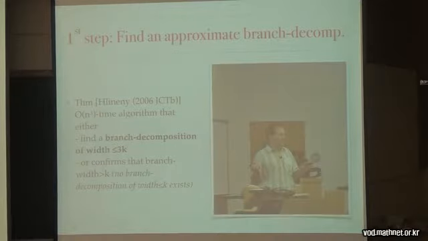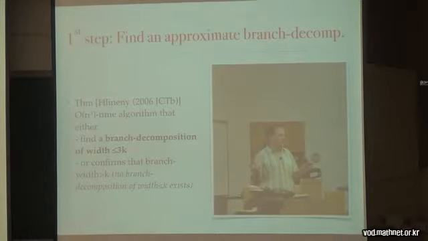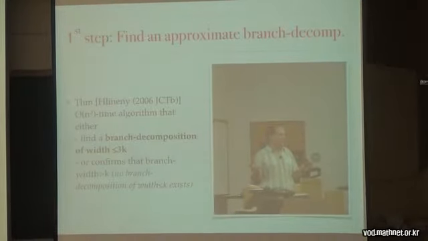How do we get an approximate branch decomposition? This was done by Peter Ilani in a paper published in 2006. In cubic time, you can either produce a branch decomposition of width at most 3k, meaning a tree where for each edge, the dimension of the intersection of the left-hand side together with the right-hand side is at most 3k, or it confirms that branch width is bigger than k, which means that you can immediately stop.